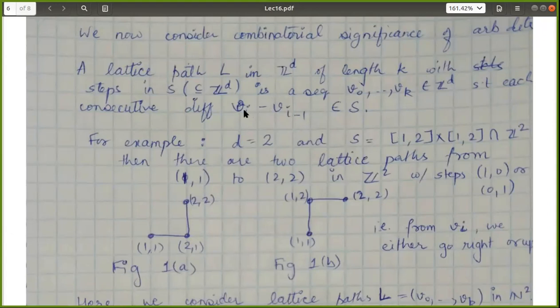So this is some (a,b), this is some (c,d). You are saying a minus c is 1, b minus d is 0. b and d give the y coordinates, so there is no change in the y coordinates, and in the x coordinates there is a change of 1, which means when you're standing at some point, you're moving horizontally from left to right.